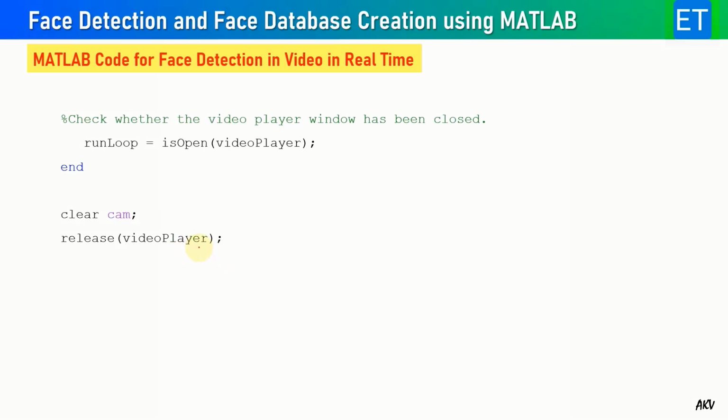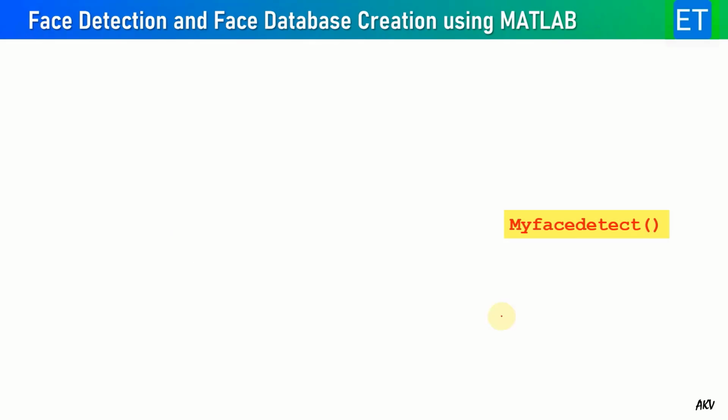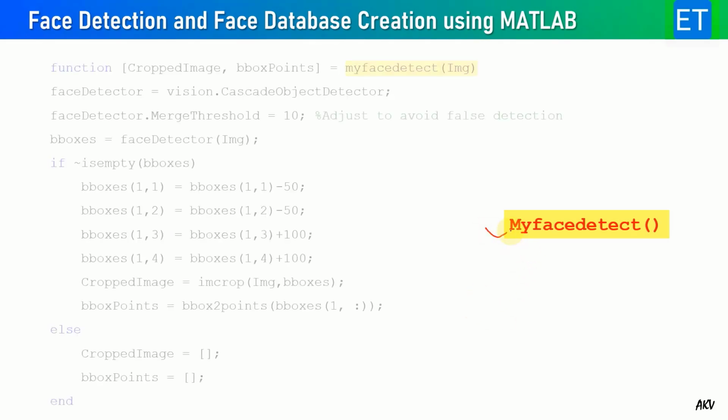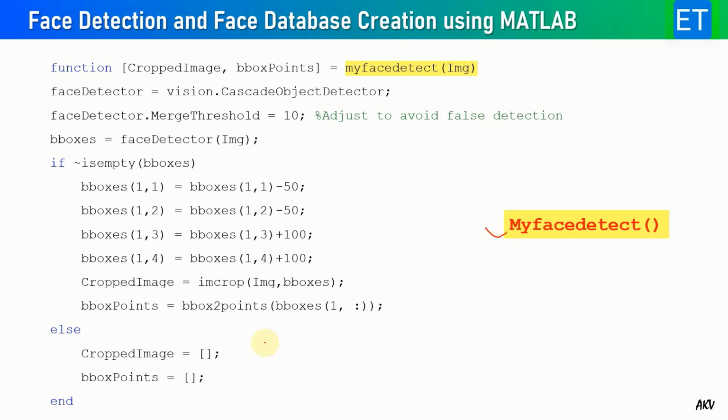Let me show you what is inside my face detect function. It is the same lines of code I showed in the first program. The name of this function I have given myself, it is not MATLAB default, and it returns the cropped image as well as the bounding box points. For this program I am using only the bounding box points, not the cropped image; that I will use for the next program.